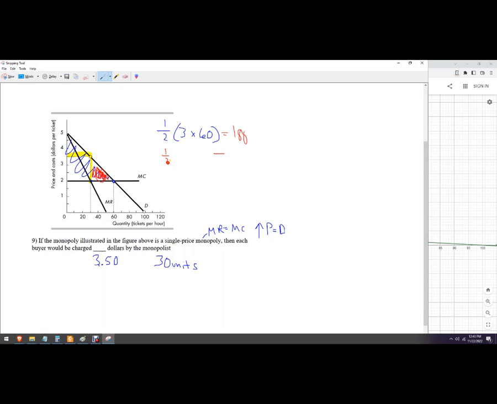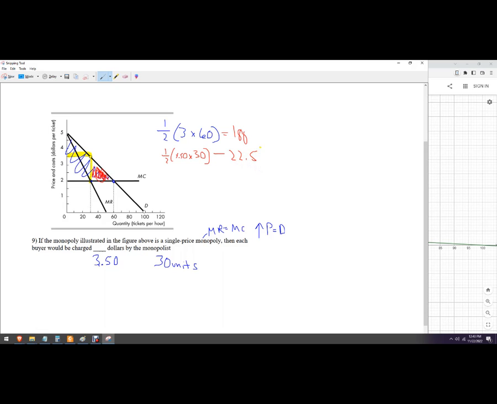So 1/2 $1.50, and then over from 30 to 60 would be 30. So this would be, what is that, 45? 45, half of 45 would be 22.5. 22.5, that's the deadweight loss.